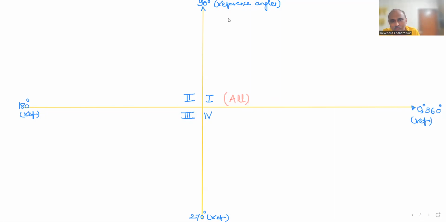I'll say it again. I'll write it here. Sine, cos, tan, cosec, sec, and cot of all the angles between 0 degrees and 90 degrees are positive in the first quadrant.